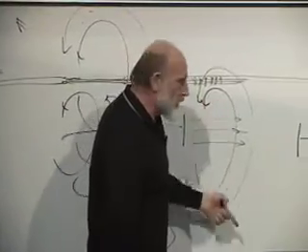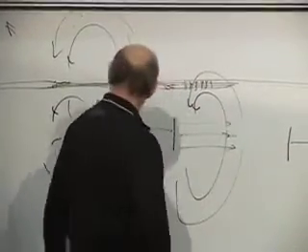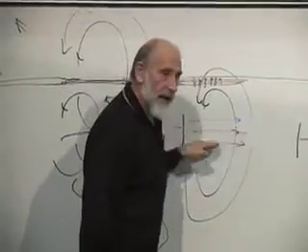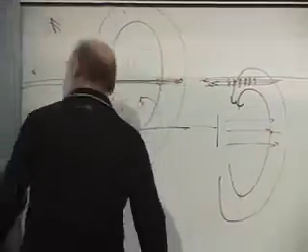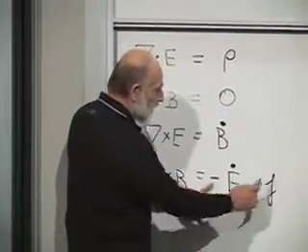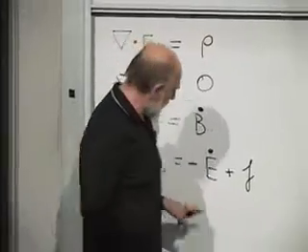The magnetic field continues into the region in the gap here, and it continues because the right-hand side contains both the time derivative of the electric field as well as the current.